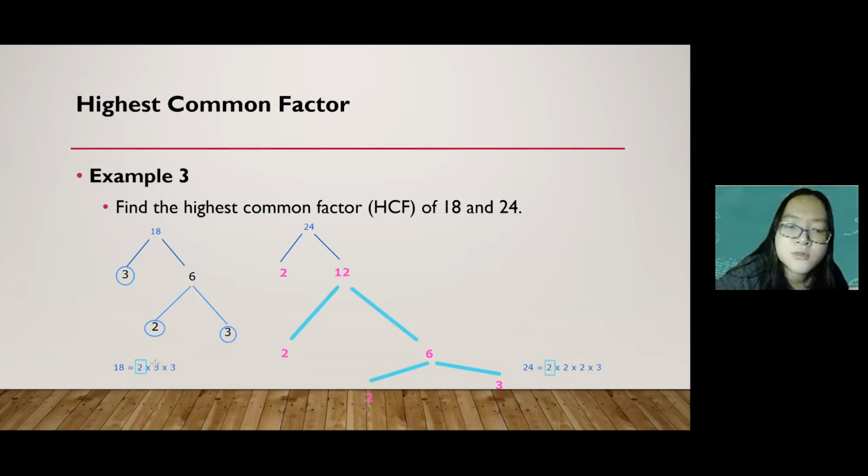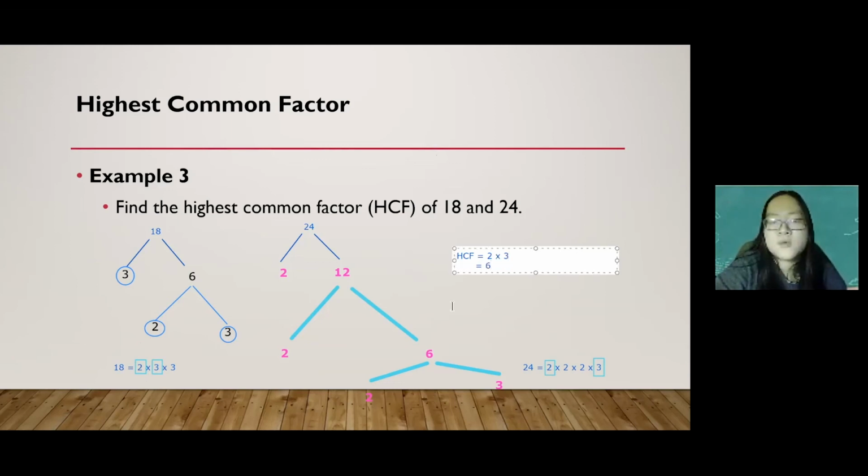And then they both have a 3. But 24 has 2 more 2s and 18 has an extra 3, but we can't do anything about that because we only want to look at what they share. And it has to be the same number of that number, right? So we can see here that they share one 2 and one 3. So that means that the HCF is 2 times 3, which is 6.